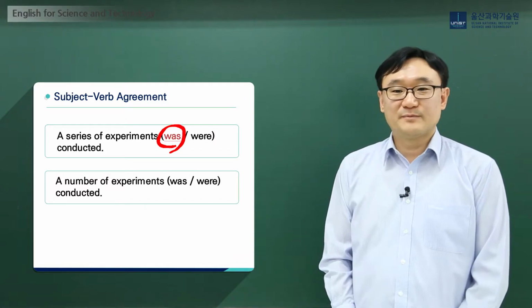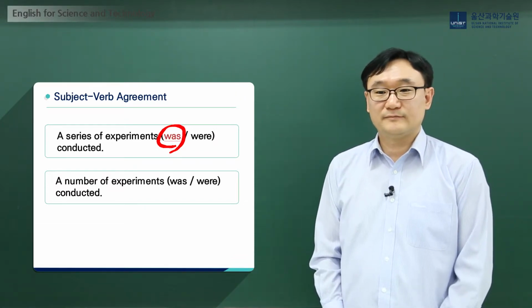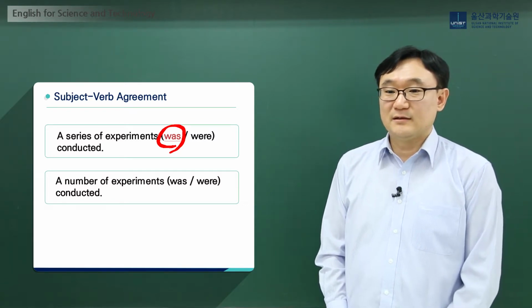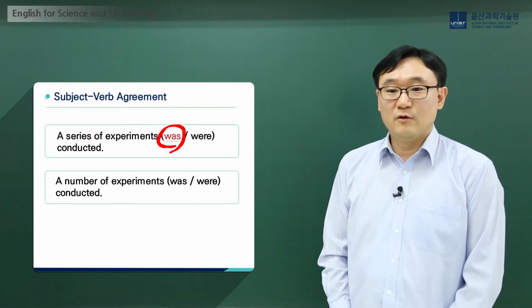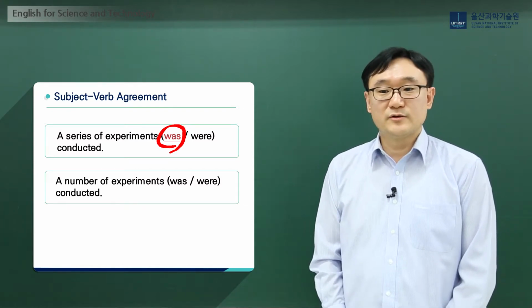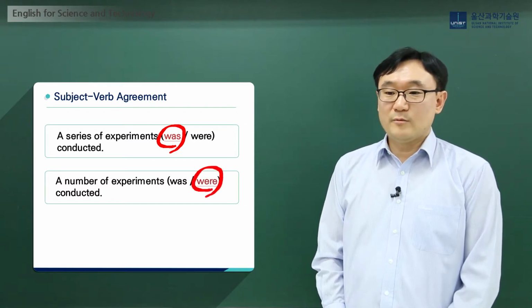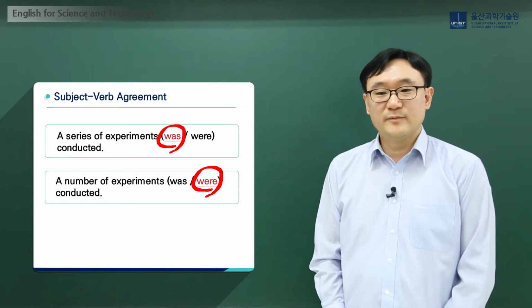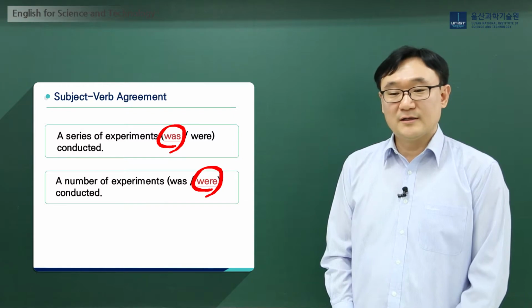A number of experiments was or were conducted. In the second sentence, although the subject number is singular, we must logically use the plural verb form. A number of experiments were conducted. This is why a number of experiments were is correct.